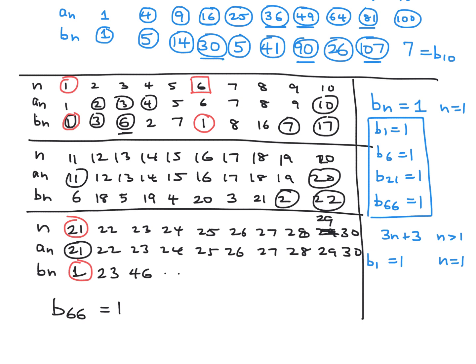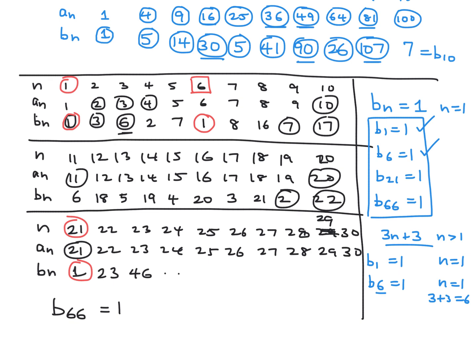No, that's right. When n equals, then you can just extrapolate. So when n equals 1, you put it in there. And that would be 3 times 1 plus 3, which is 6. And that's the next one, b_6. And that's also 1. So we got that guy with that guy.